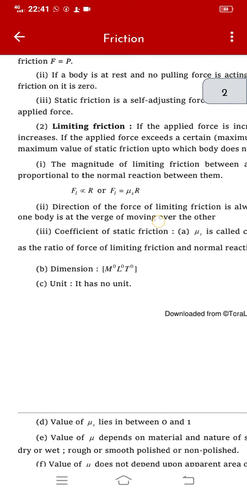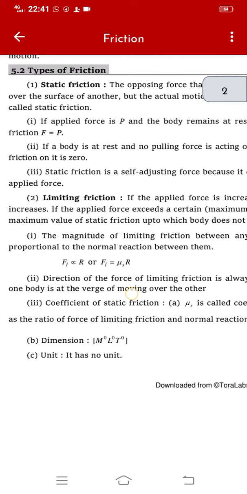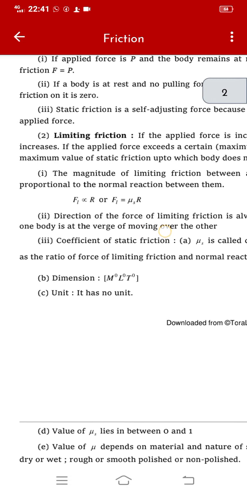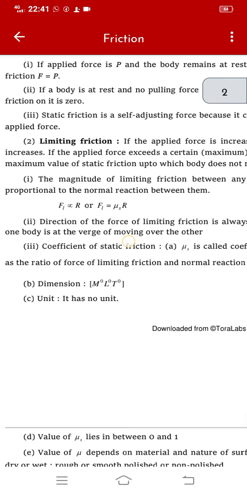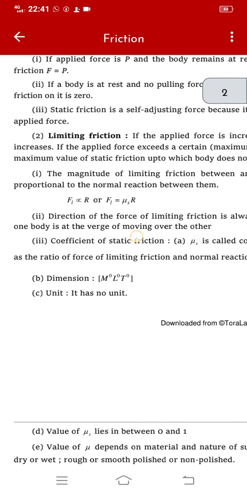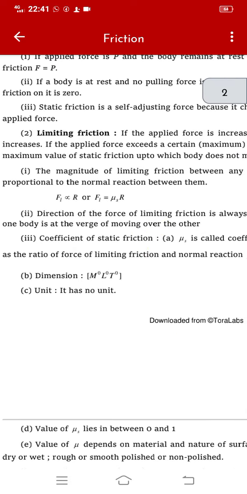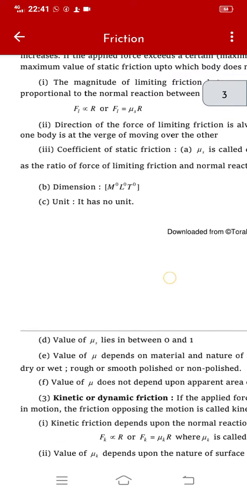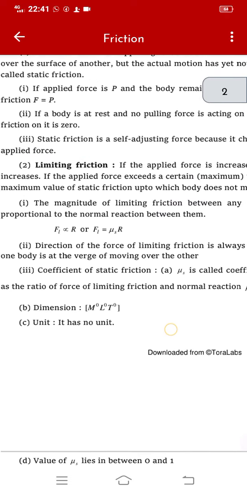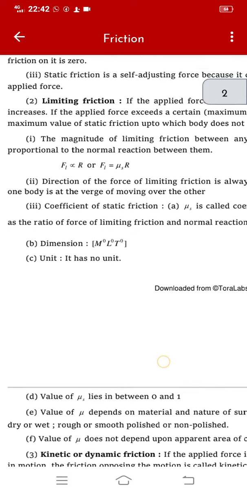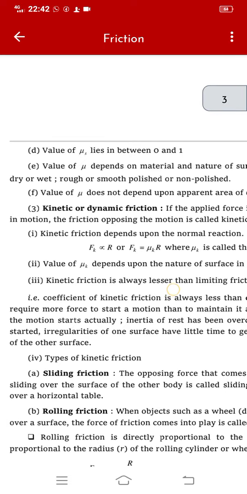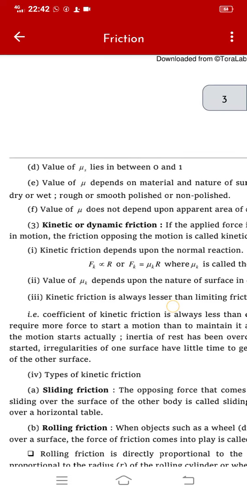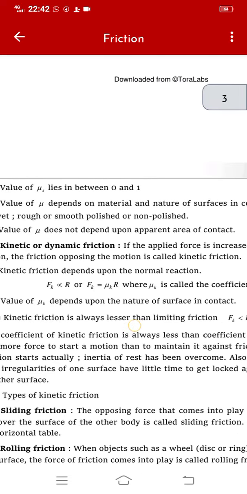The limiting friction is proportional to the normal reaction, which is FL equals mu times R. So mu is equal to the frictional force divided by the normal reaction. The coefficient of static friction is a dimensionless quantity; it has no units.